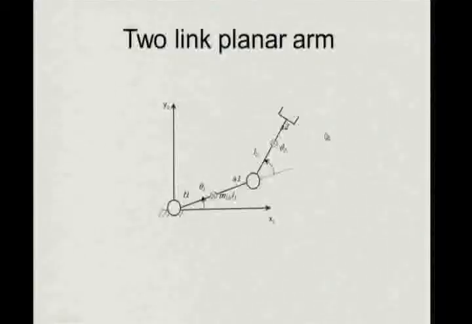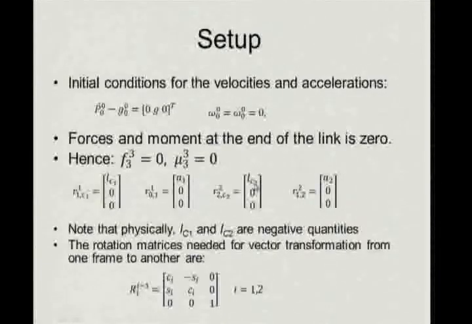So, we will go back to this two link planar arm. There is y0, x0 and z0 coming out of this system. There are two links, so out here we will have coordinate system x1, y1, z1, and then another coordinate system x2, y2, z2. In this case we just kept the robot in the vertical plane.